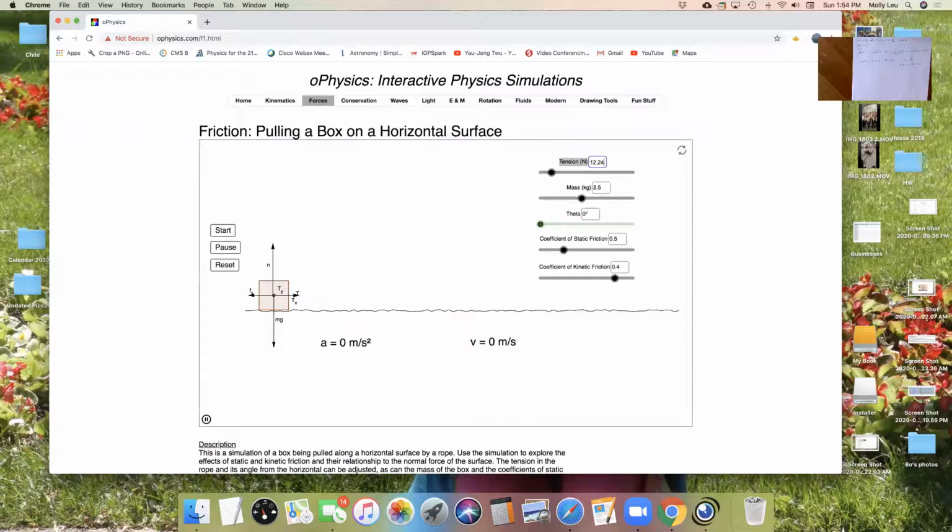So let's say 12.24 newtons. I'm applying 12.24 newtons. Static friction is equal to the tension applied, but the object is not moving. And now, let's see what happens when I apply 12.25. Before I even press start, actually, I pressed start, the object is moving.